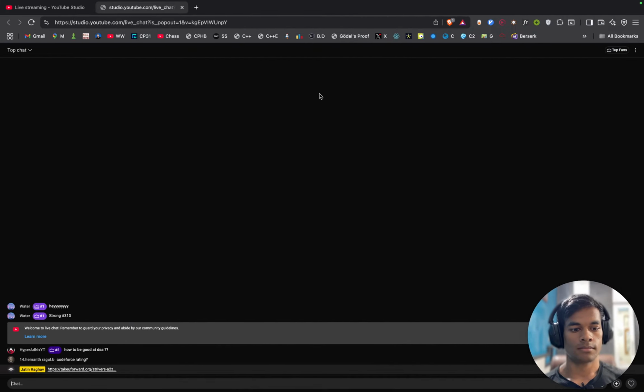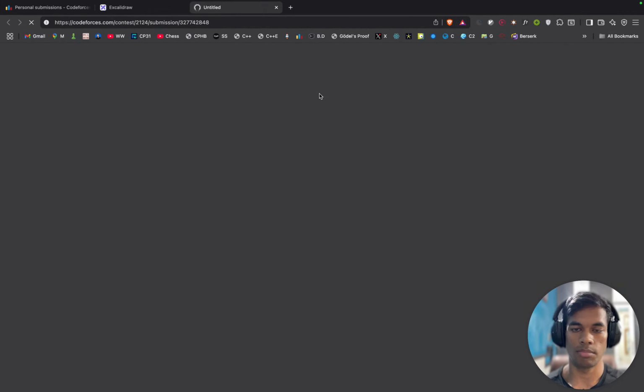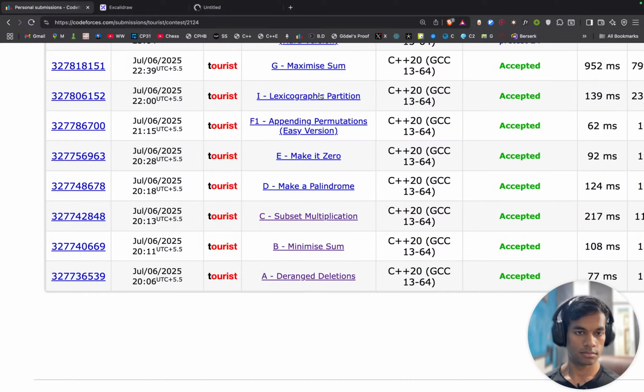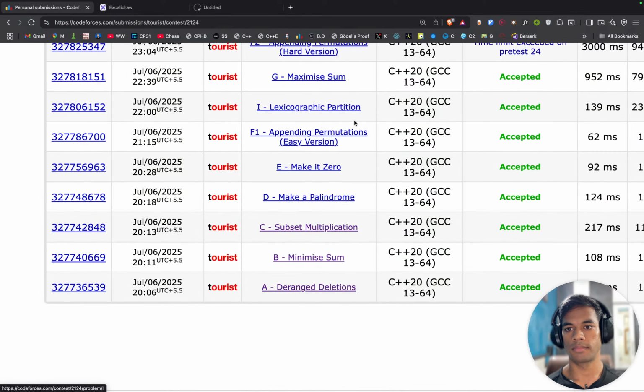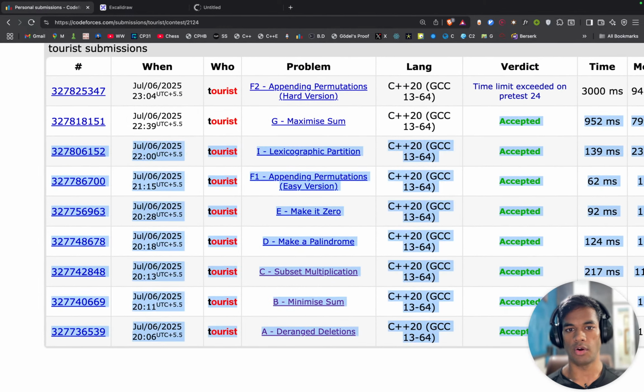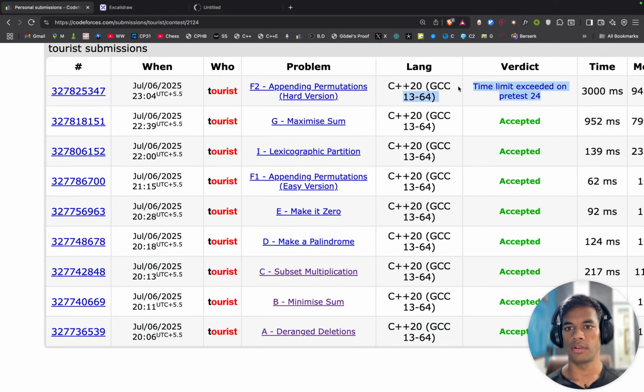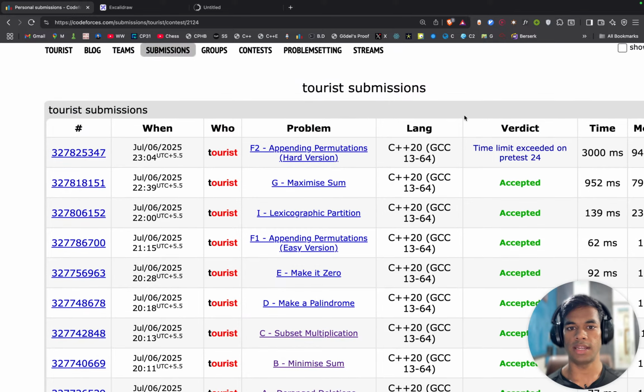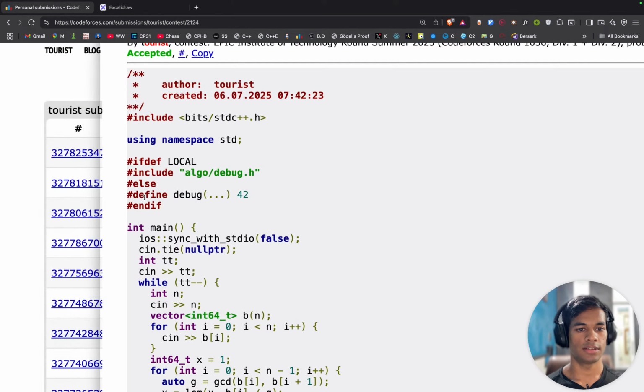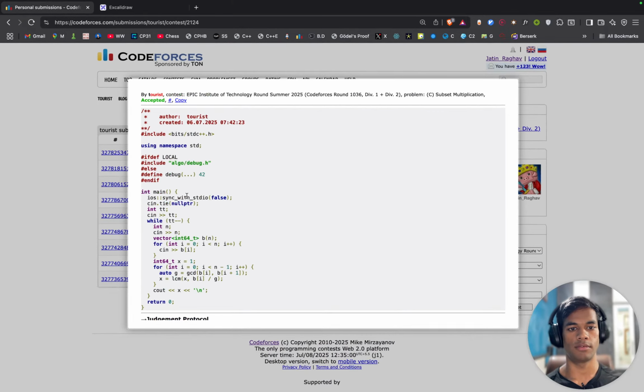Submission, yep, submission for this. It is coming up, loading. Shit, he got all of these correct in first try, and only this TLE error on one.